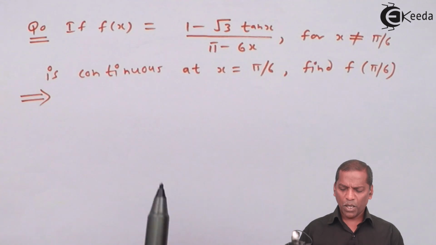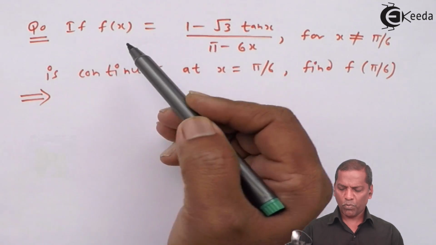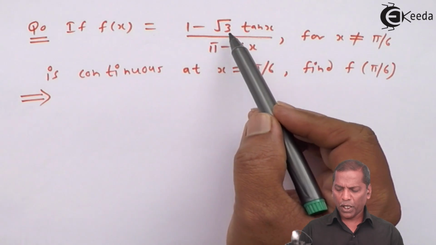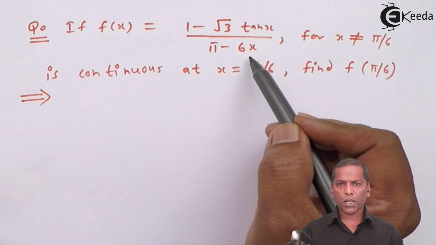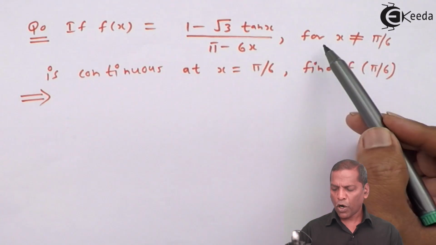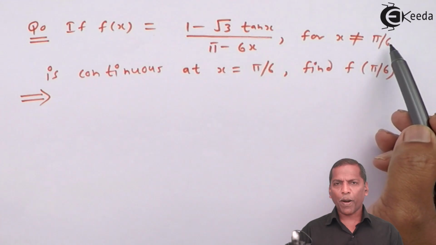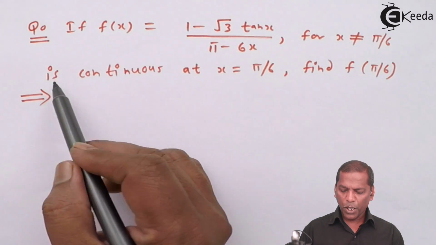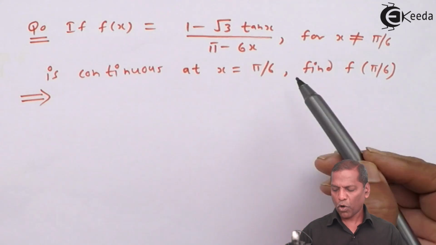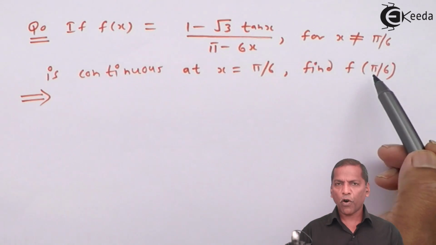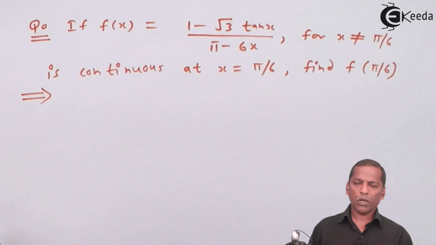The question is, if f of x is equal to 1 minus root 3 into tan x whole thing divided by pi minus 6x, for x not equal to pi by 6, is continuous at x equal to pi by 6, find f of pi by 6. Now let's see the solution.